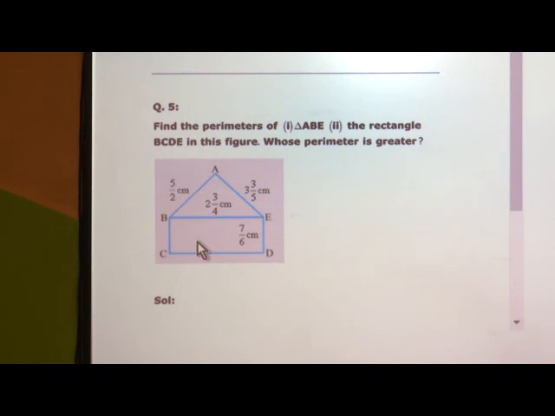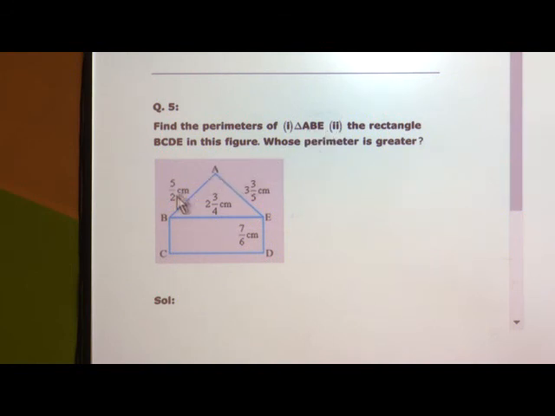What is the perimeter of a triangle? You have to write the formula and substitute the values, which are given as improper fractions or as mixed fractions. We will see it step by step and find the perimeter of triangle ABE.